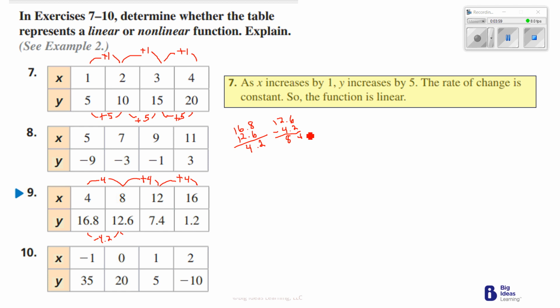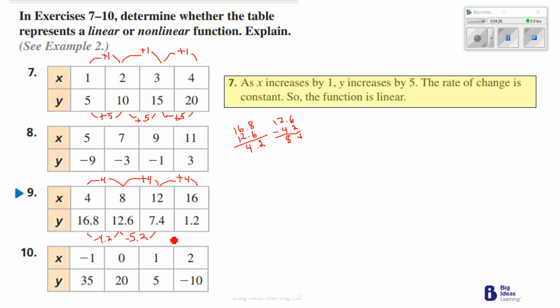This is a decrease actually of 5.2. Okay, we're subtracting 5.2.